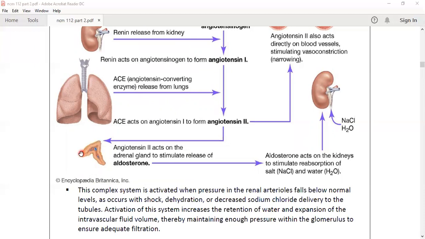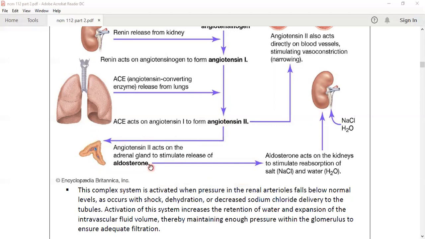The zona glomerulosa, the outermost layer of your adrenal glands. These substances have specific functions. An example of your mineralocorticoid is your aldosterone. Let's try to recall that one again. Once again, angiotensin 2 tells your adrenal glands to produce aldosterone.